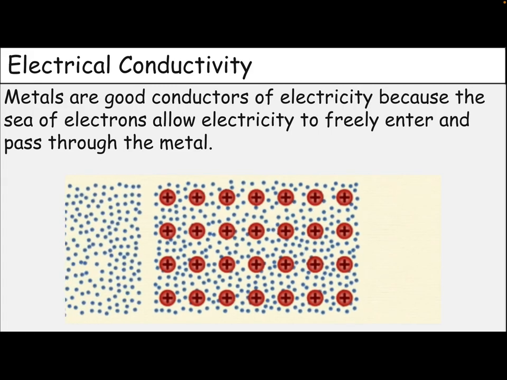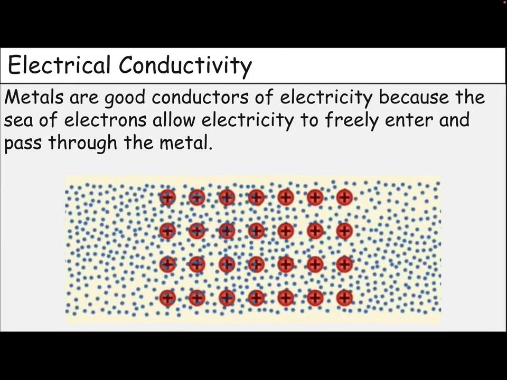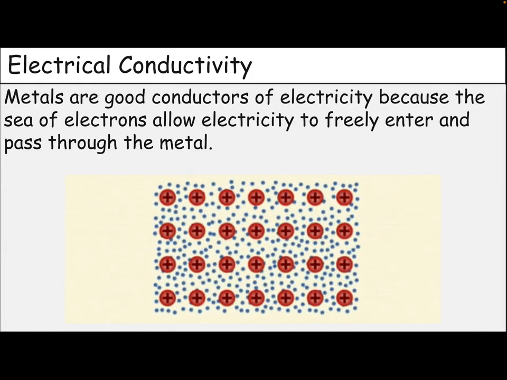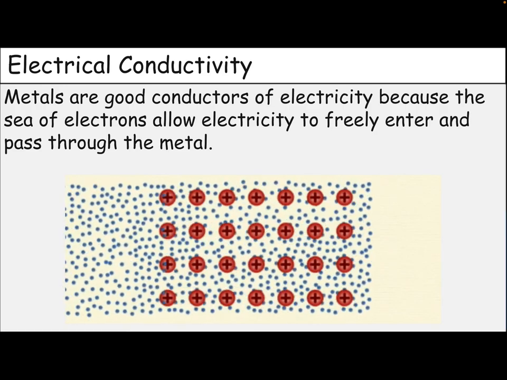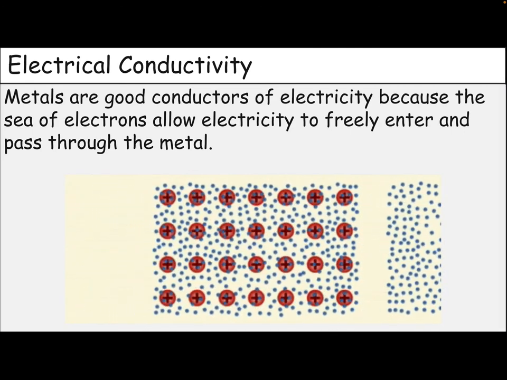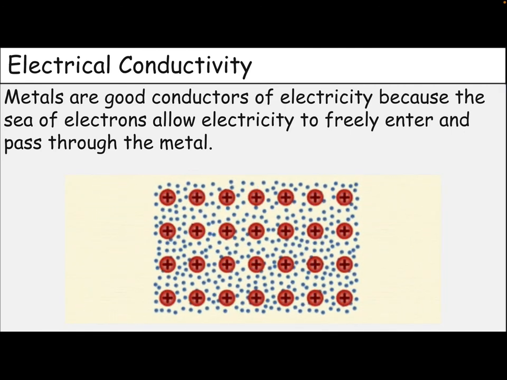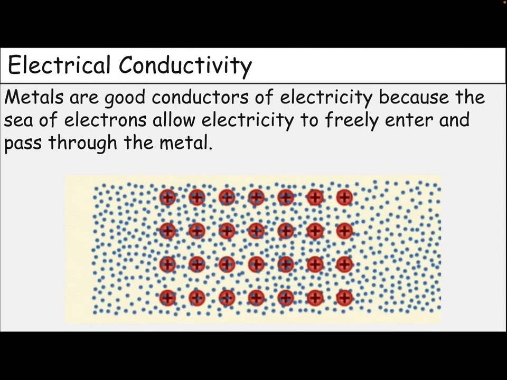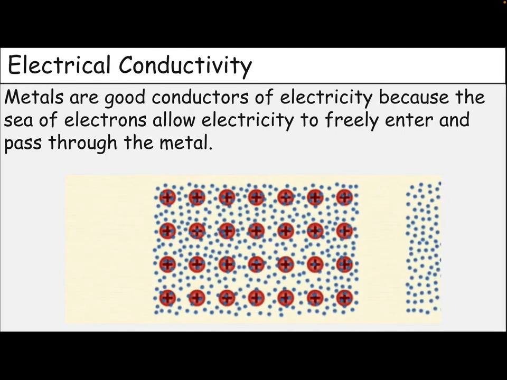And so you've known all your life that you should not hold a fork and then put it into an electrical outlet. You would not get a quarter and stick it into there, okay? That's because we know that metals can conduct electricity, but now you're able to chemically and scientifically explain why, okay?